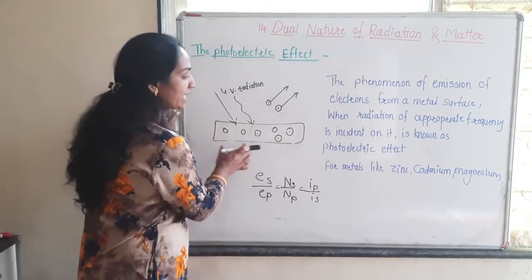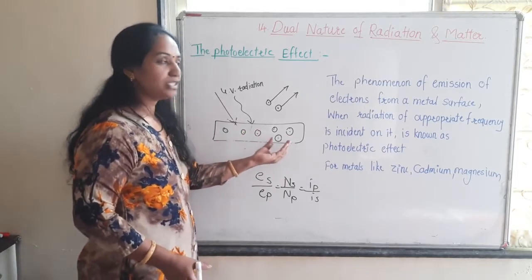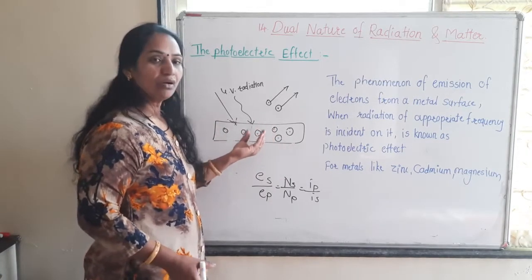Metals like zinc, cadmium and magnesium are used for photoelectric emission.